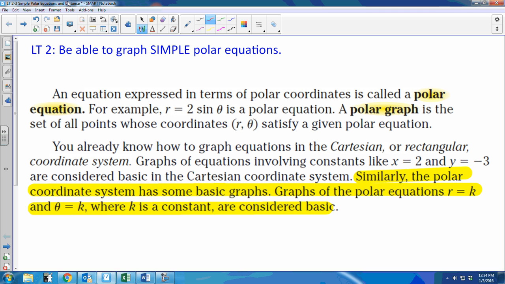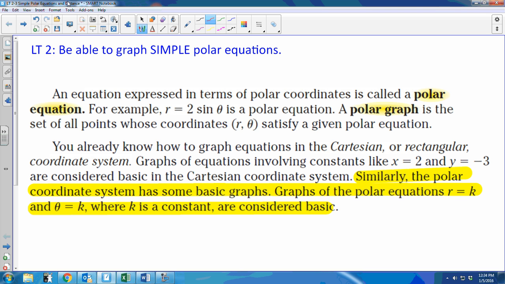A vertical line at x equals 2. Every single point on that line has the x coordinate of 2. That's a very basic rectangular equation. So then y equals -3. What does that make? A horizontal line at y equals -3, because every single point on that line has a y value of -3.